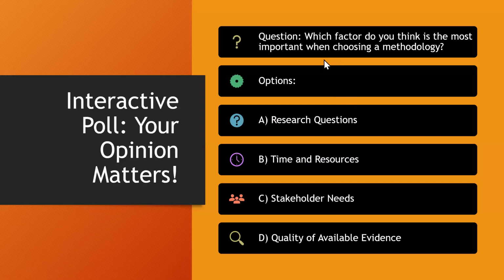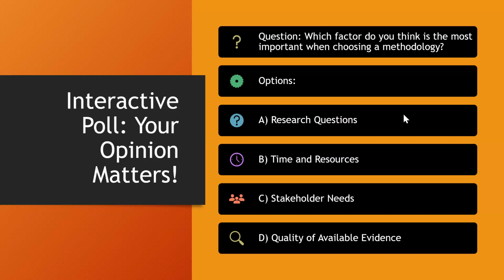Okay, thank you everyone. So yes, the correct answer is the research question. This is the most important factor that you have to consider when choosing a method. But in the end, if you are doing any research, you have to consider all these points because they are equally important.